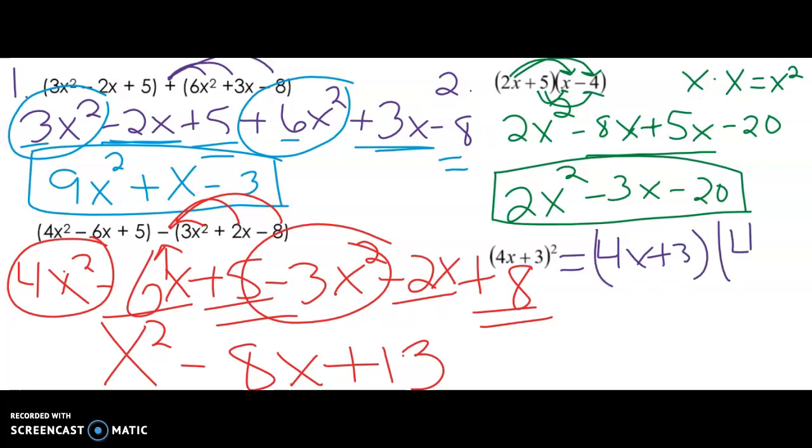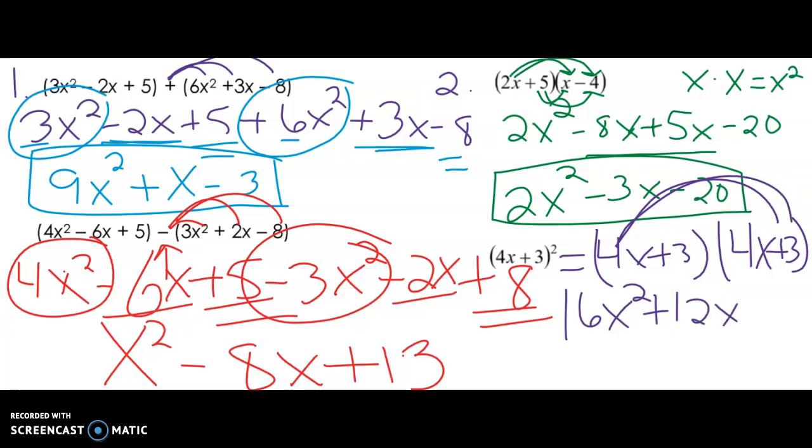So we're going to multiply it. Now we do our double distributing. 4x times 4x is 16x squared. 4x times 3 is 12x. 3 times 4x is 12x.